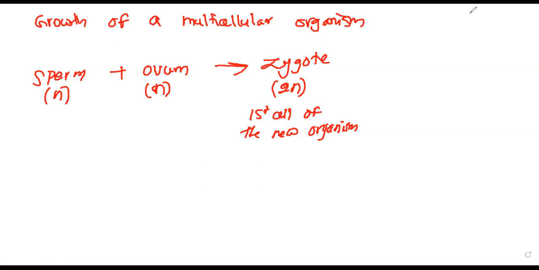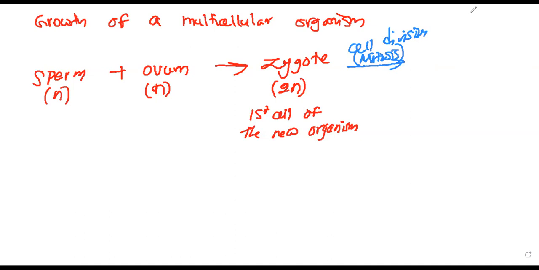Then what does this zygote do? It starts dividing, right? Cell division. What is the cell division type? Mitosis. Now you have only one cell as a zygote, which contains 46 chromosomes. Cell division takes place there by mitosis.